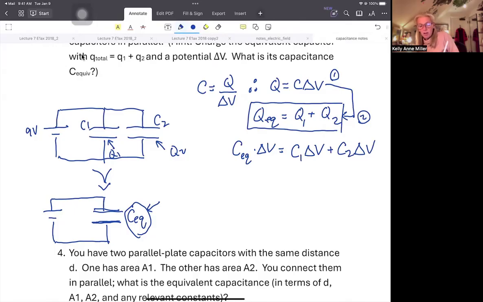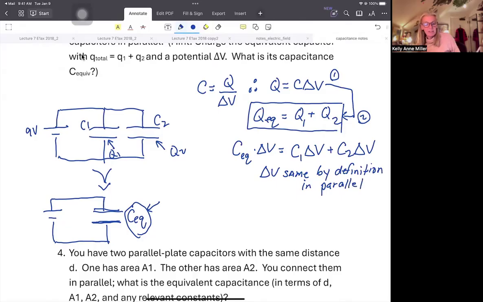Now I know that these three delta V's are the same by definition, by virtue of the fact that the capacitors are in parallel.